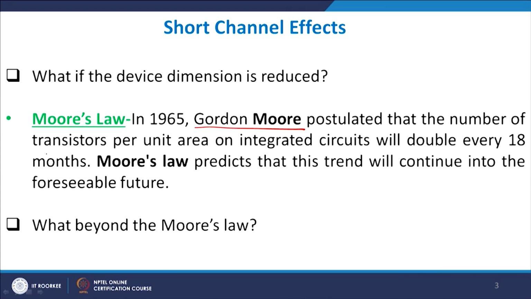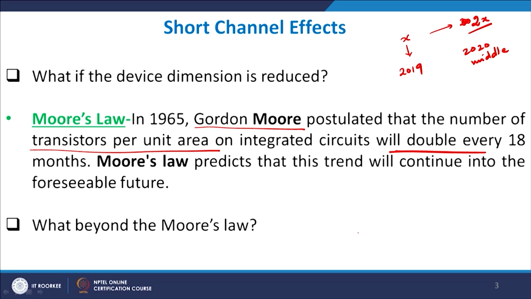He stated that for every 1.5 years of growth of the semiconductor industry, you would expect the number of transistors per unit area to double, which means that if the number of transistors per unit area is X today, say in 2019, then by the middle of 2020 I would expect the number of active devices per unit area to be 2X.